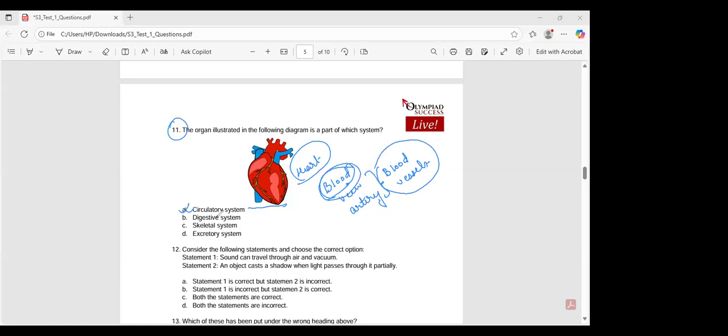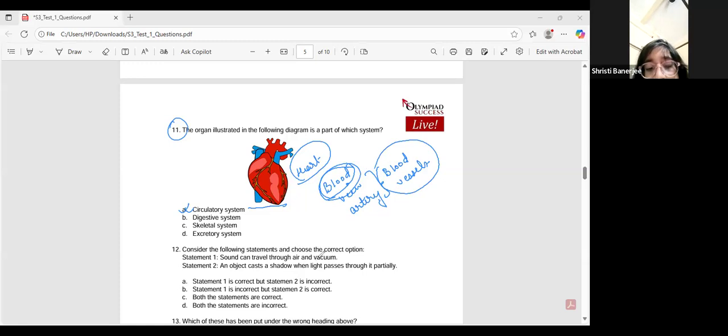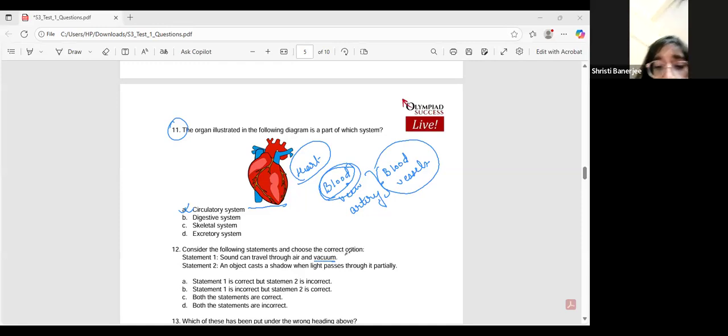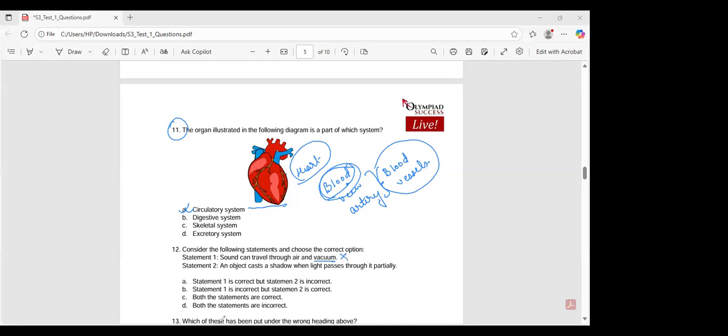Now moving to the next question. Question number 12 states: consider the following statements and choose the correct option. Statement 1 says sound can travel through air and vacuum, the one which I said in the previous question, right? So, can sound travel in vacuum? No, ma'am. So this option is wrong. Next states that an object casts a shadow when light passes through it partially.